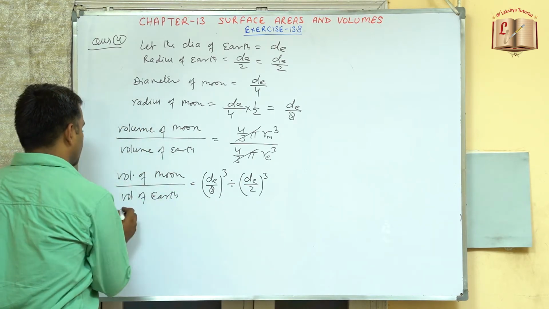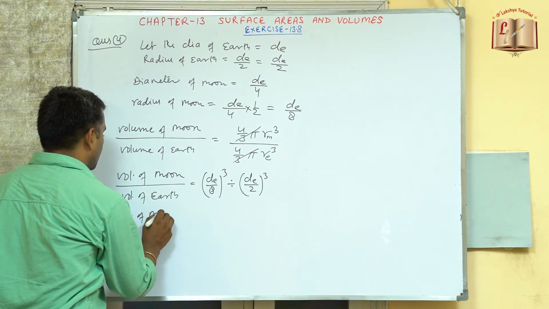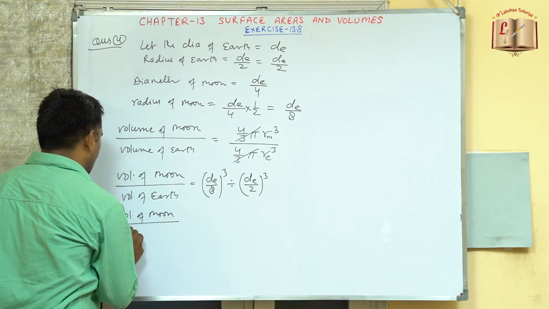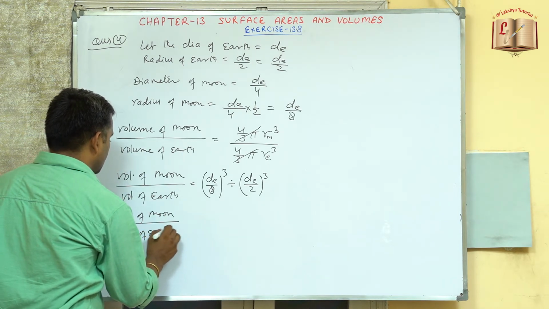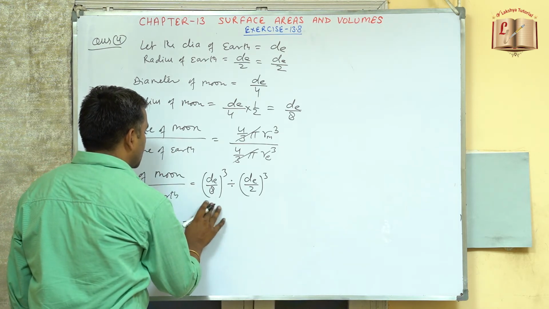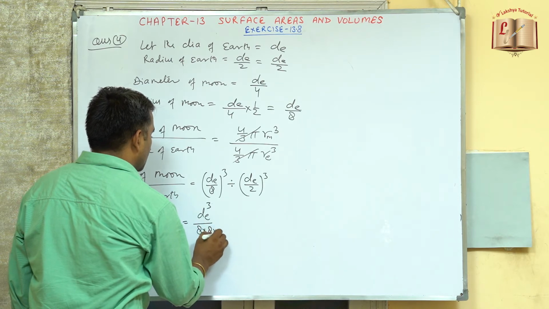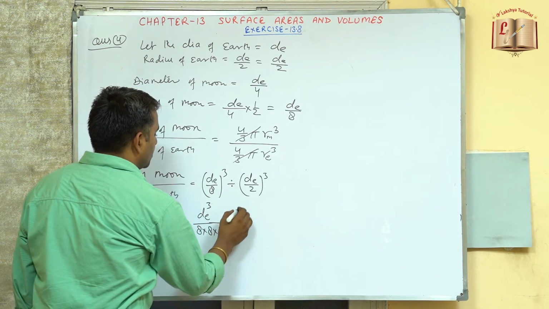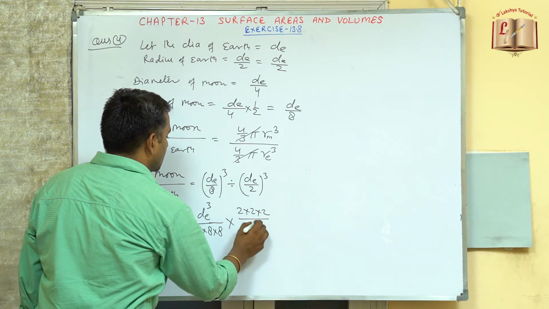So now we can solve this. Volume of moon divided by volume of earth will be equal to dE cube divided by 8 into 8 into 8, into 2 into 2 into 2 divided by dE cube.